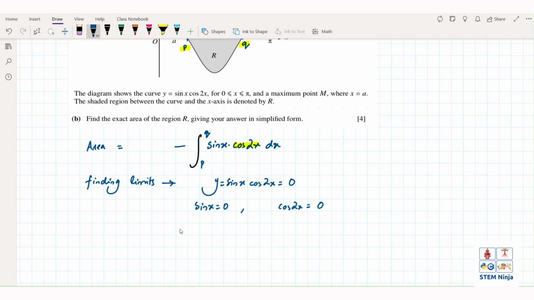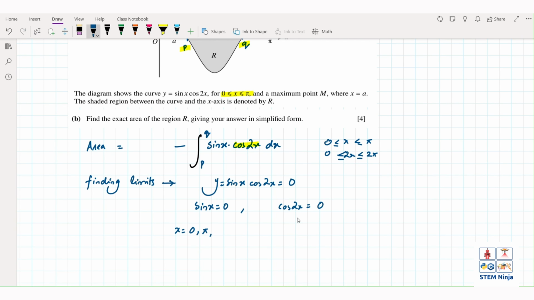Sine is 0 at 0, pi, 2 pi, and so on. Both of these are included over here. But for cos 2x, if x is between 0 to pi, 2x will be from 0 to 2 pi.